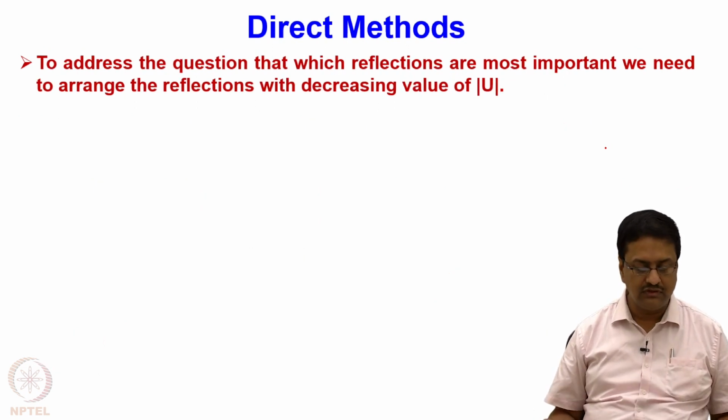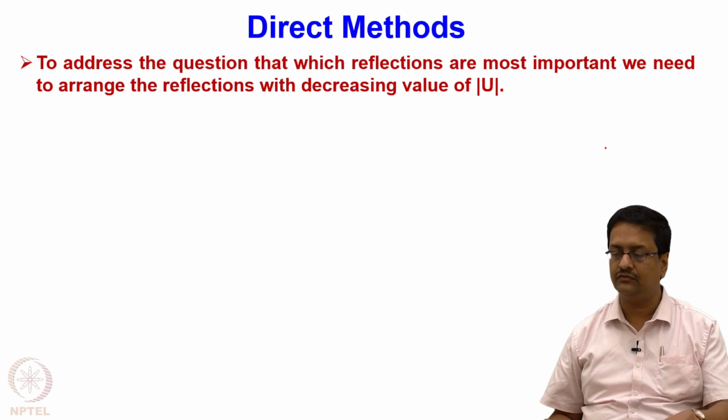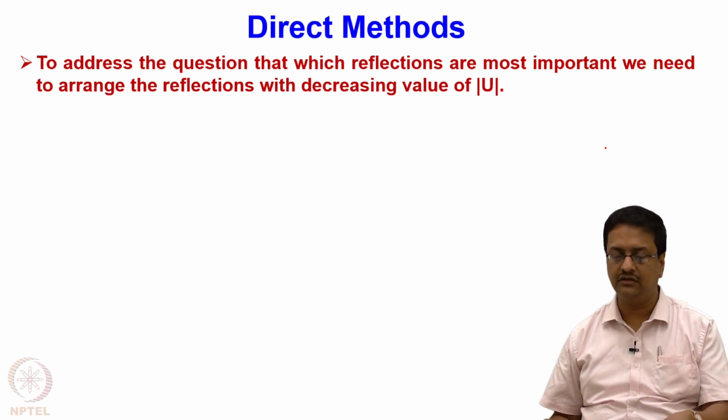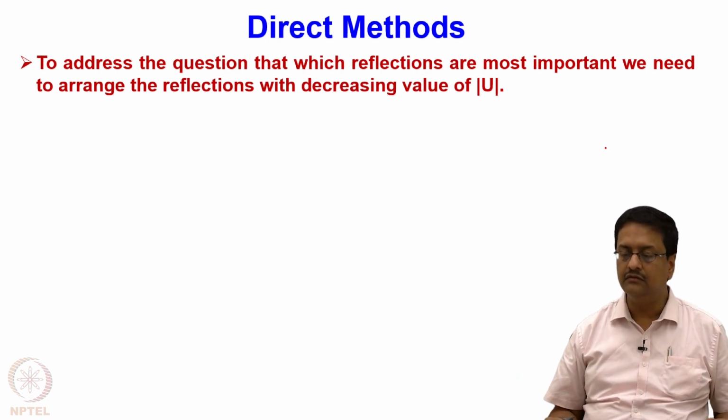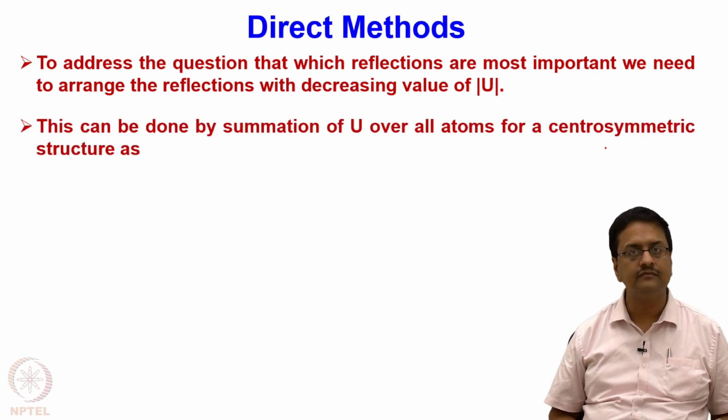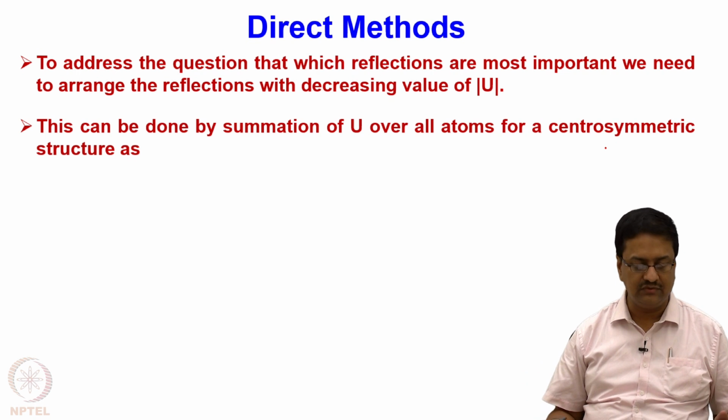So to address the question of which reflections are most important, we need to arrange the reflections with decreasing value of mod U, that is the absolute value of U. This can be done by summation of U over all the atoms.